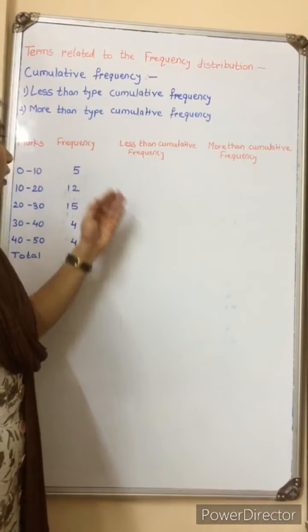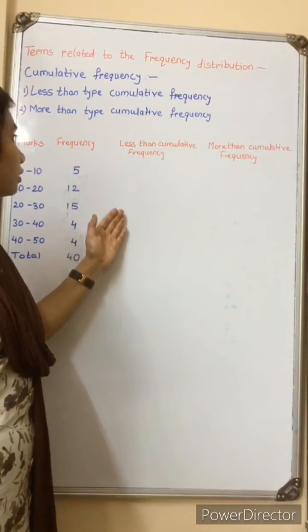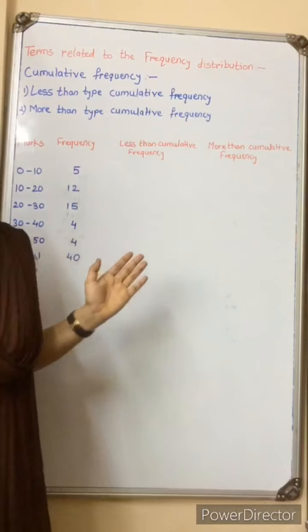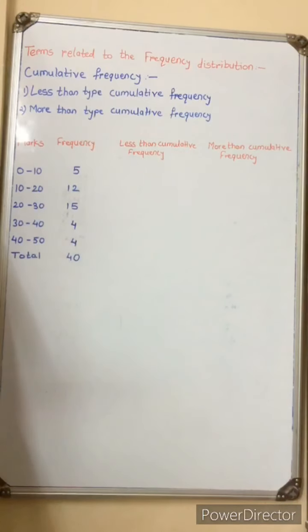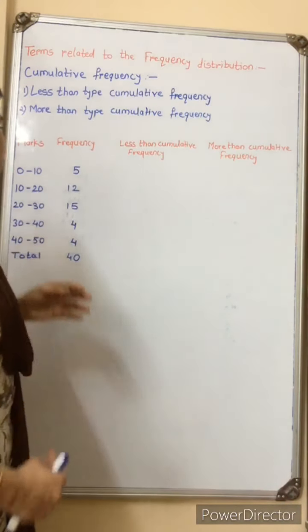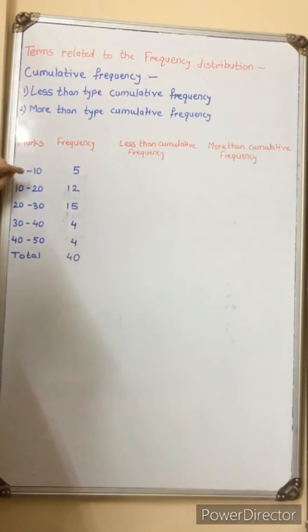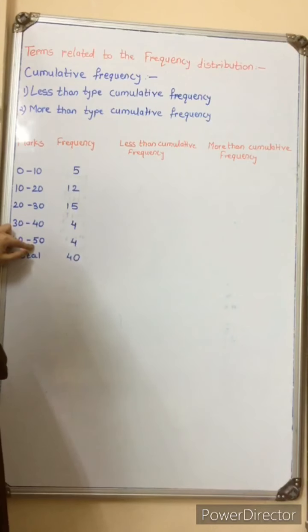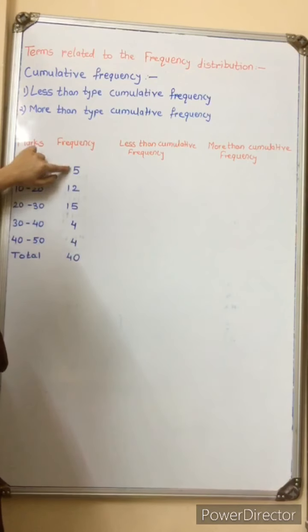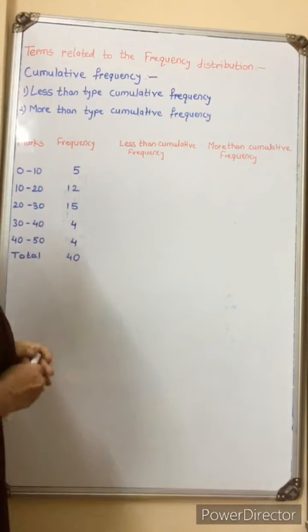First we'll see how we can find the less than cumulative frequency, one by one. Just now I explained, if we want to find the number of students with marks less than 20, less than 30, less than 40, less than 50, we need to calculate.